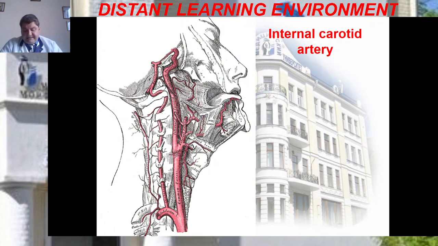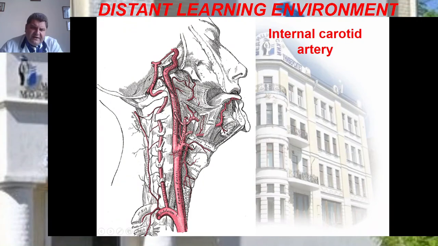So next we talk about the internal carotid artery. This is very important because most parts of the brain take their supply from this internal carotid artery. So you may see the first part of the internal carotid artery here.